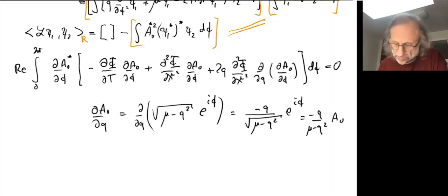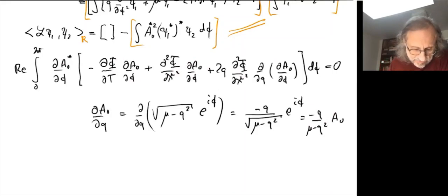Now you can plug that in, and you're done. This is also now a dA naught by d phi, and the d by dq makes this factor. So we can pull out a dA naught by d phi from the whole integral, and we're left with a bunch of stuff with a phase.